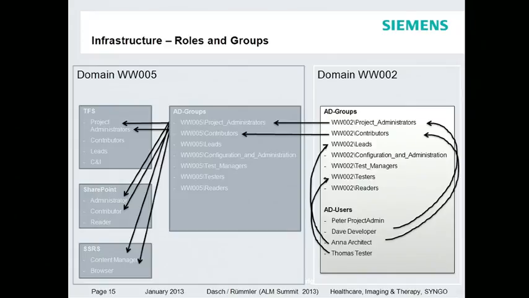And what we did here is to outsource the user administration into Active Directory. You can see in this left one here, this is some Active Directory groups, and on the right one also. And the left one is where the Team Foundation Server gets operated. The right one is an example for the users.